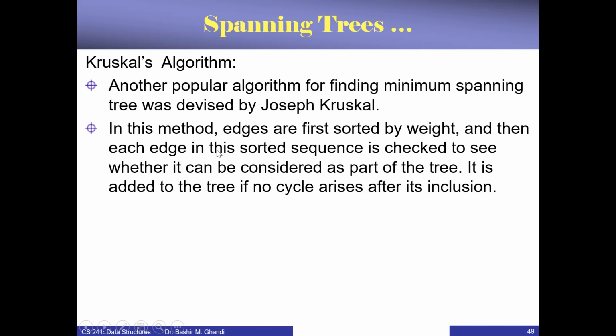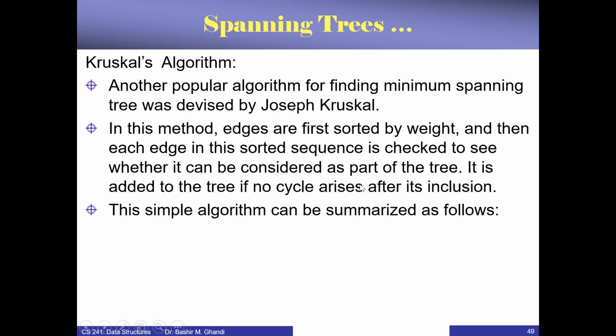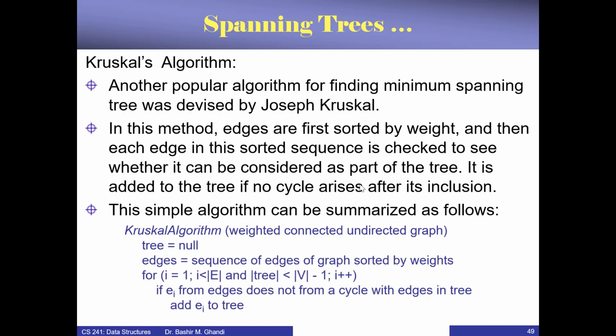So a very simple algorithm. Sort your edges according to their weights and then follow them one by one, adding them to the spanning tree as long as the edge that you are adding doesn't create a cycle. This is a simplified version of the algorithm.